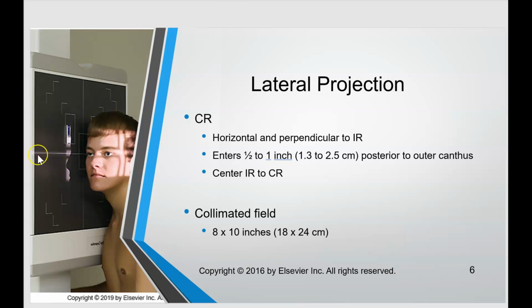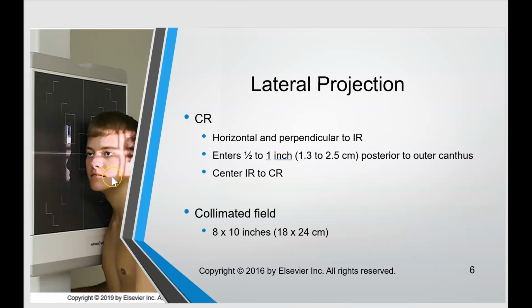You're going to make sure that your IR is centered to your CR placement, and our collimation is going to be approximately 8 by 10. We're going to make sure that we get 1/2 inch to 1 inch anterior to the tip of the nose. We include all of the occlusal plane, where your top teeth meet the bottom teeth.